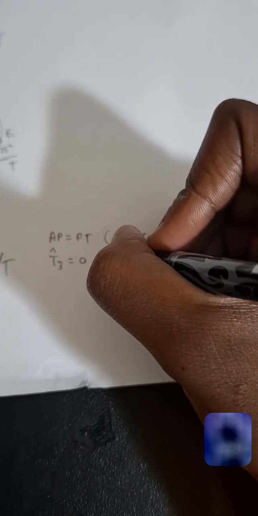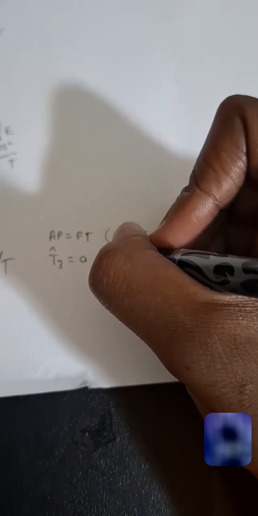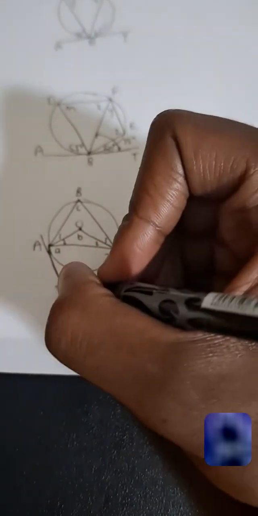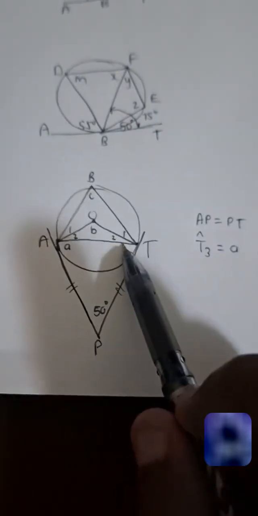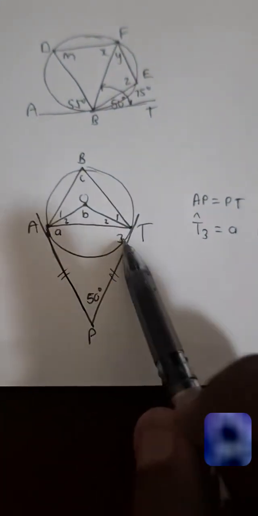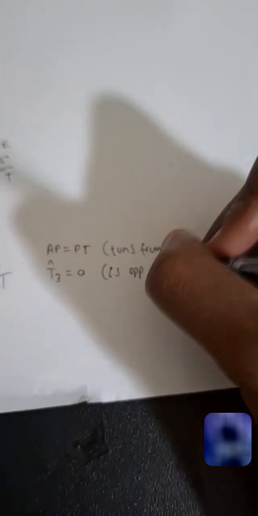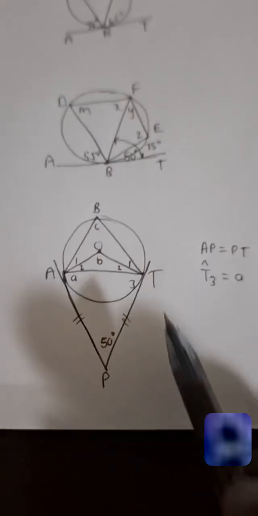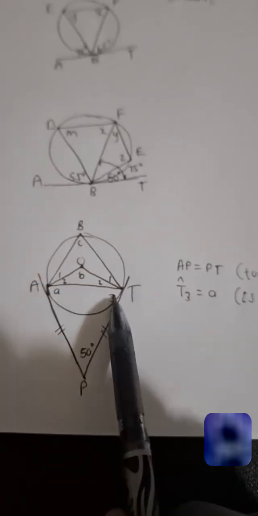Since the lines are equal, the angles are equal because angles opposite equal sides are equal. Very important, very key. At least now we know.